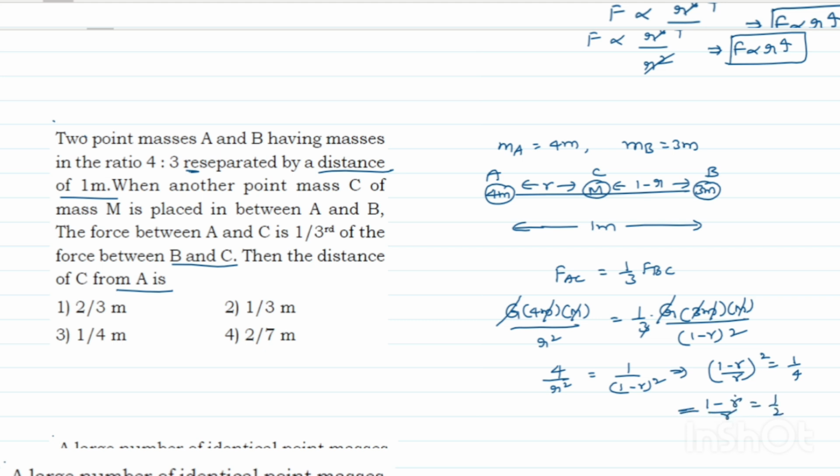Simplifying, 1 by r minus 1 equals 1 by 2. So 1 by r equals 1 by 2 plus 1, which is 3 by 2. Then r becomes 2 by 3 meters. So r equals 2 by 3 meter is the correct answer.